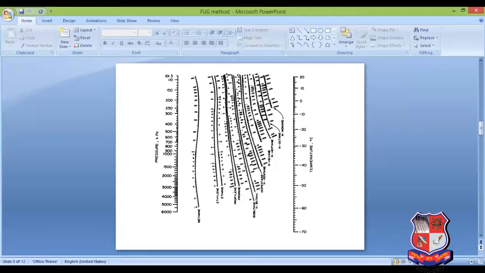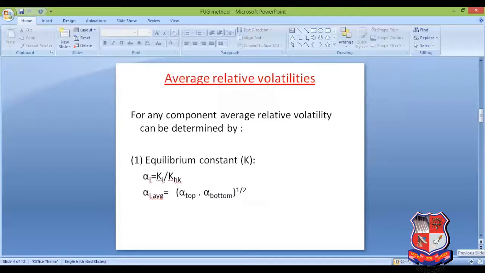So once again, say for example, you have propane, and you have to determine the value of K at 1600 kPa and say 35 degrees Celsius. So put a scale and identify and then read what the value of K will be. That will be quite useful to you. So you determine K for every component.